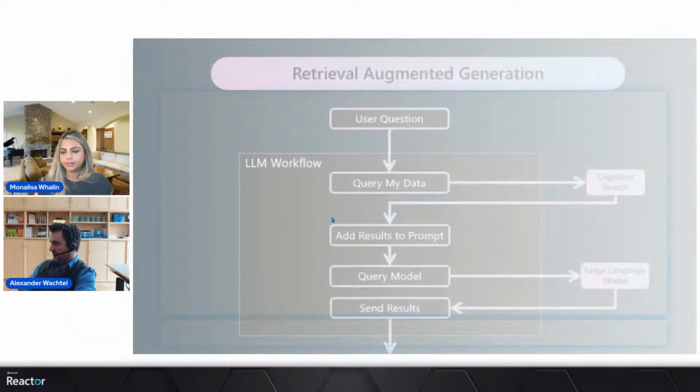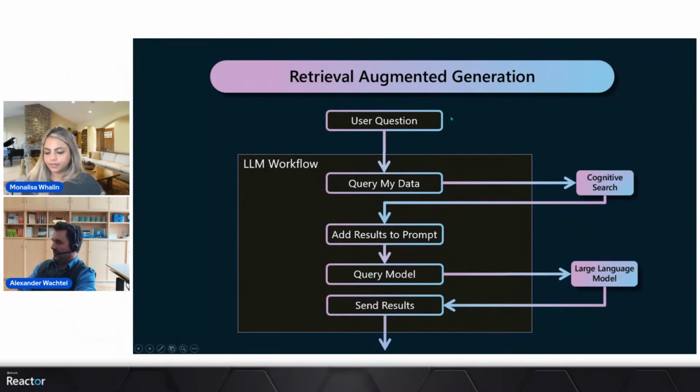How does it work exactly? If we get one user question, the LLM workflow looks like this: we have a query. The query is running on my data, and we're using Azure Cognitive Search on it. This is one sample that Mona already mentioned. I want to provide my own data to the LLMs, not just use the data that is already in the cloud.